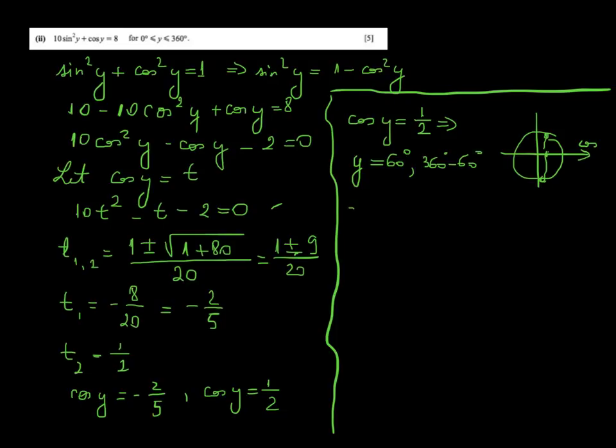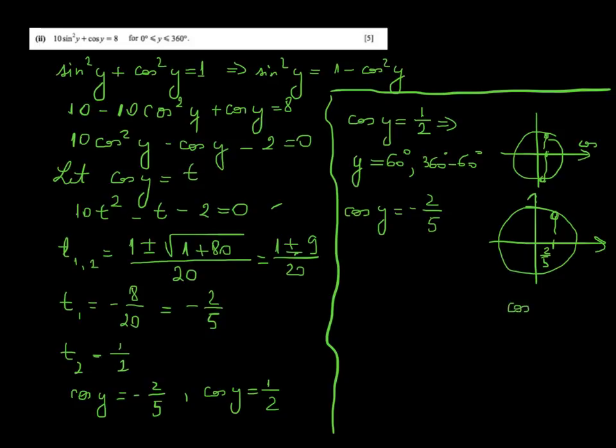From the second one, cos y equals negative 2 over 5, I always look for the angle in the first quadrant which gives me the related cos. So I'm always going to look for 2 over 5 as a cos. The angle giving me cos 2 over 5 is 66.4 degrees.